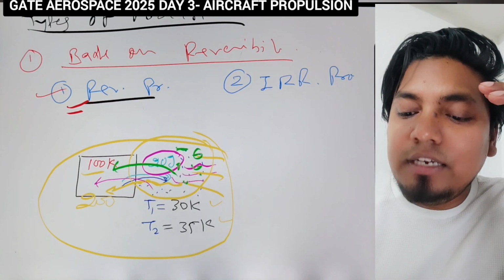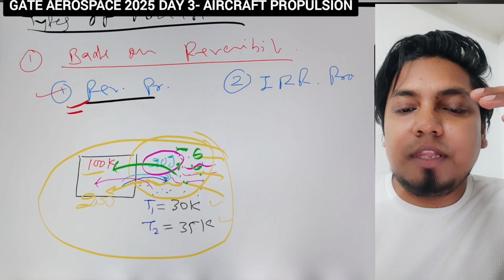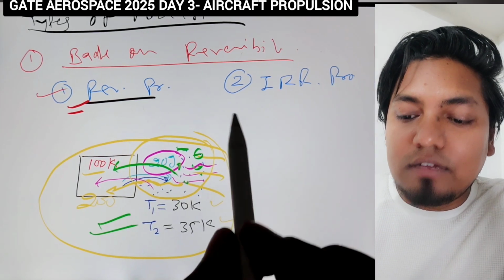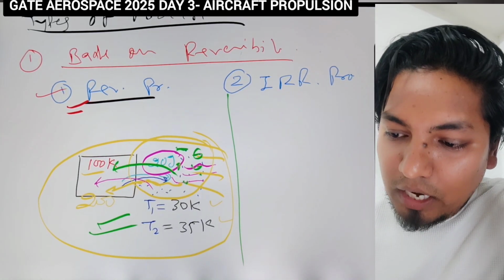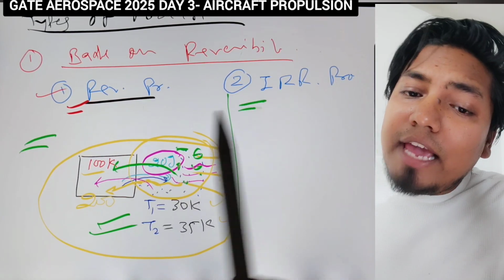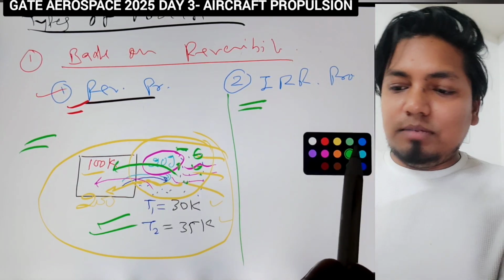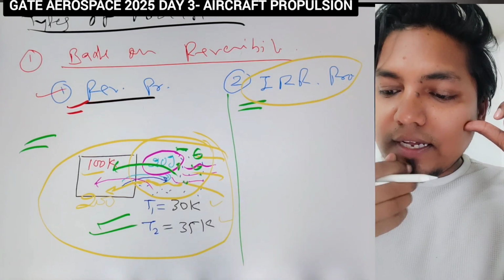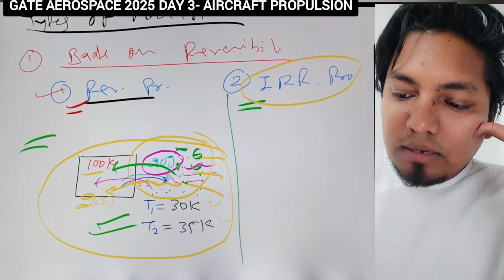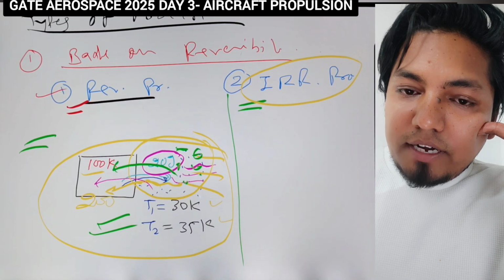But in real applications, no process is reversible. Processes are irreversible. Now to compensate that irreversibility, you have to pay extra. Let's understand what that means. Suppose this was a system with 100 Kelvin temperature. Now some 20 joule heat went out.